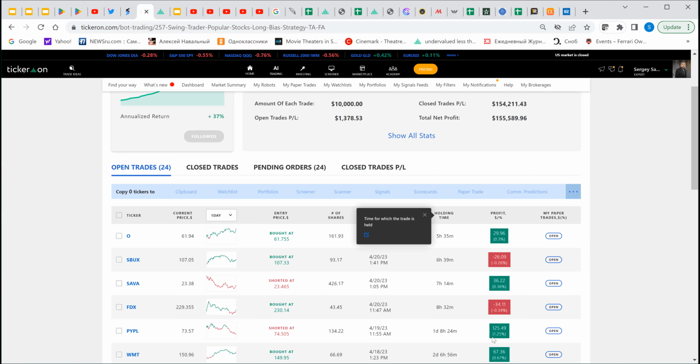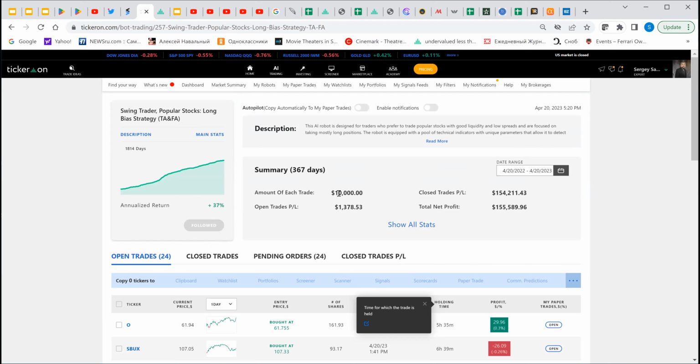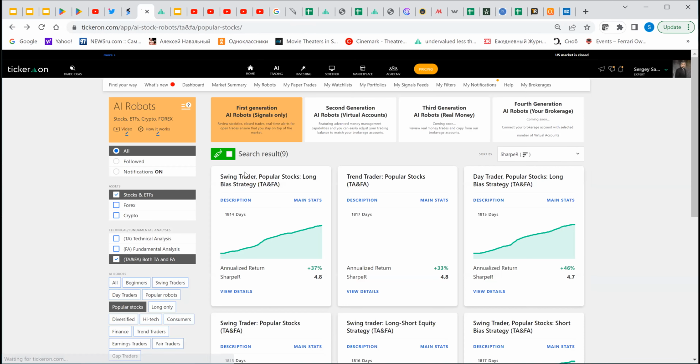So what you can do is copy this trade to your paper trade and start recording them as you wish. As you can see, for signals only, you have only one option, 10,000 per trade. Okay, now let's look at the virtual accounts and see the difference.